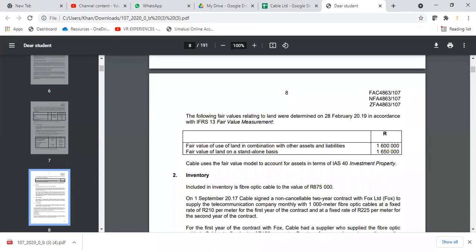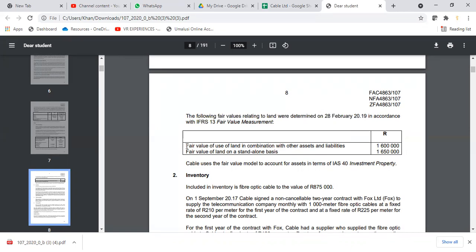As you can see, they're giving us the following values relating to land, determined on 28 February 2019 in accordance with IFRS 13. This is on page 8, just above inventory. They're giving us two fair values: the fair value of land in combination with other assets, and the fair value of land on a standalone basis.